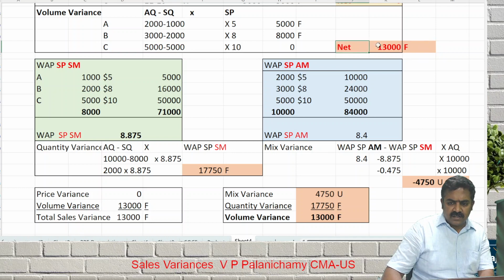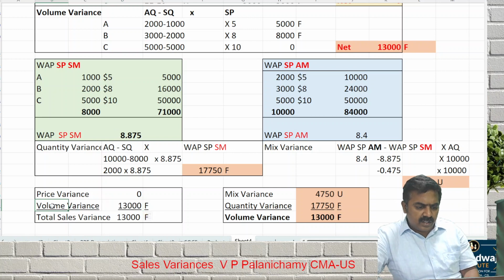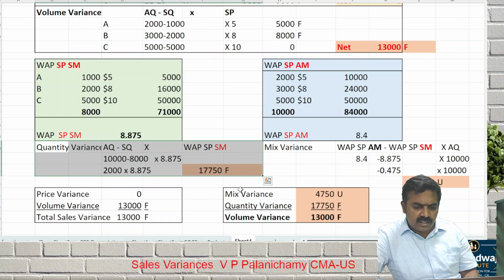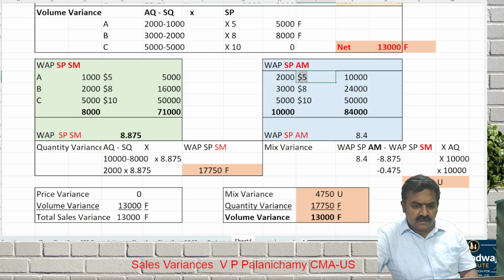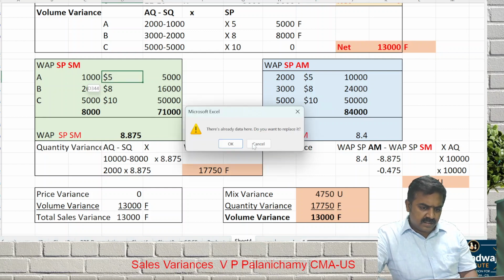Why the volume variance arises? Because of the change in quantity, and because of the change in the proportion in which the quantities are sold, which is different from standard one. So this is about sales variances.